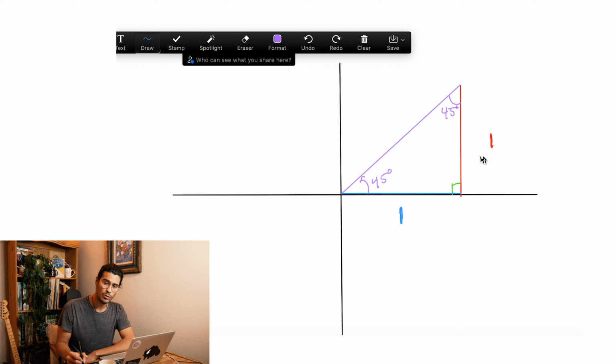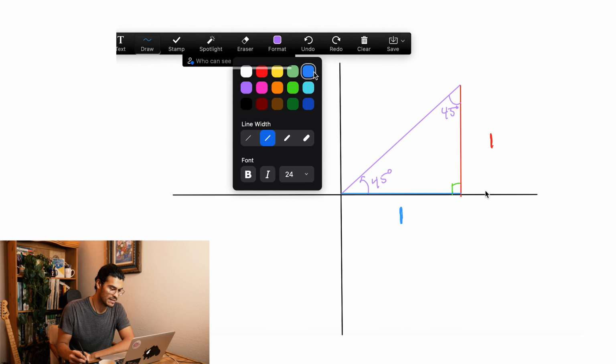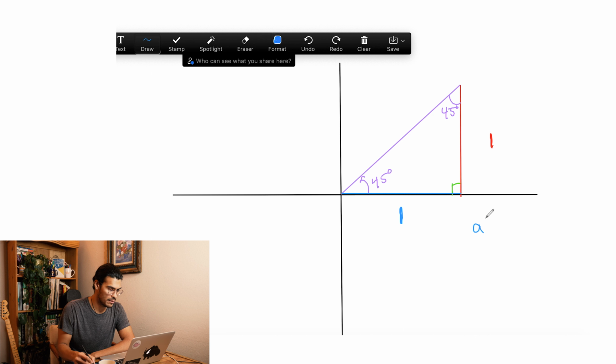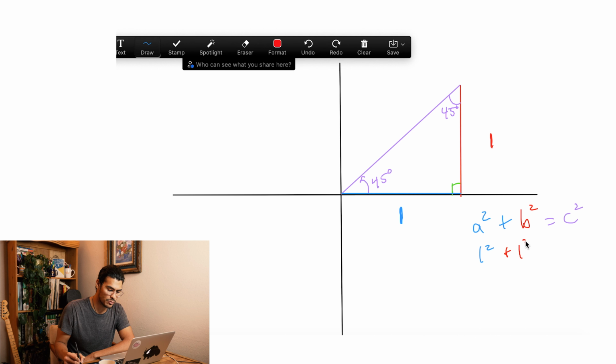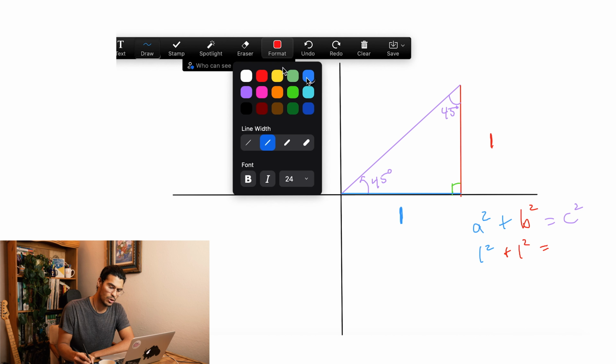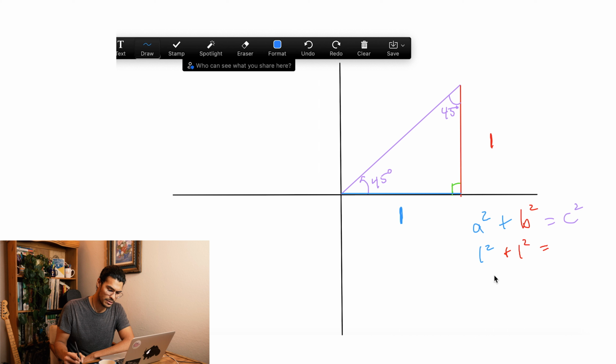When we have 1 to 1, let's see what happens with the hypotenuse, right? We can figure this out with the Pythagorean theorem and say a squared plus b squared equals c squared. Well, if we have 1 squared plus 1 squared, what does that equal? 1 squared is 1.